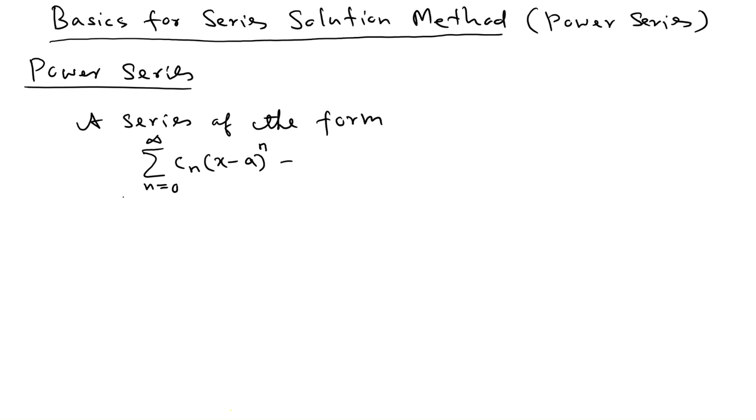And if you expand, what are you going to get when you plug in n equals 0? We assume that x minus a to the 0 is 1. So we write c naught, and when you plug in n equals 1, you get c1 times x minus a to the 1, we don't write the 1, and then c2 times x minus a to the 2, like that. That's what we call a power series centered at a.